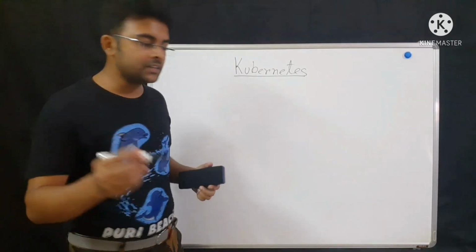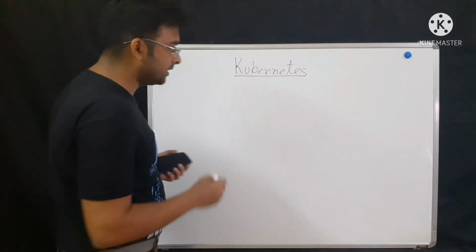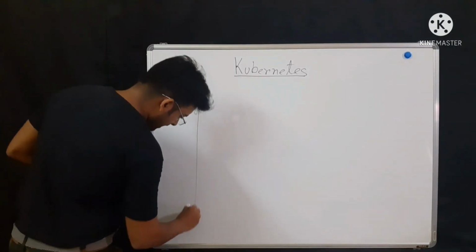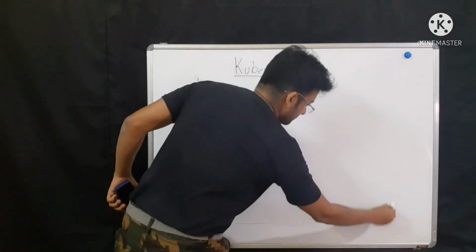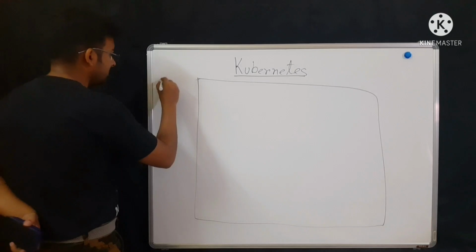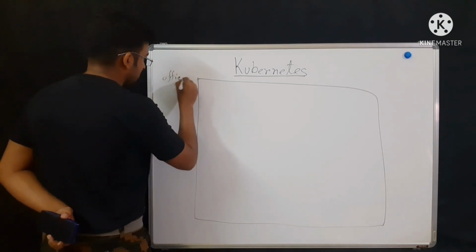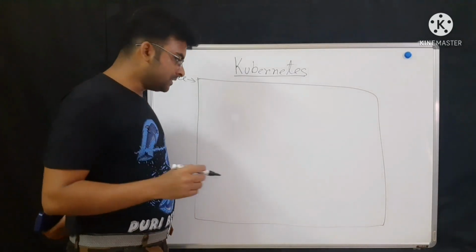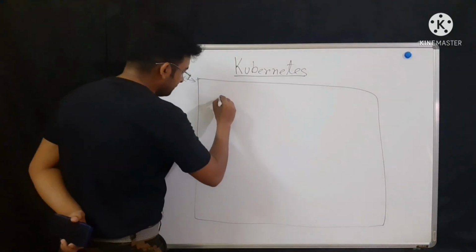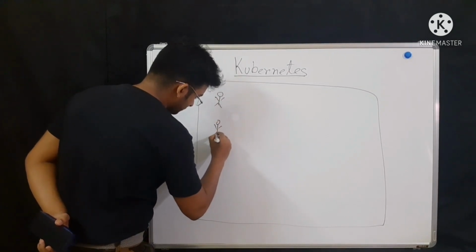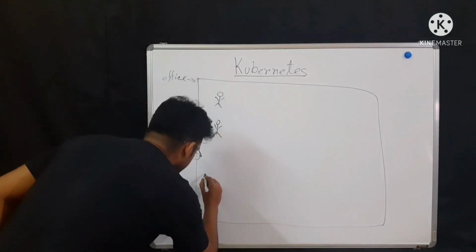To give you a basic knowledge of Kubernetes architecture, let me give you a small example. Let's say we have an office. Let me write it, office. In an office, we can have multiple managers, right? Let me write it, manager.